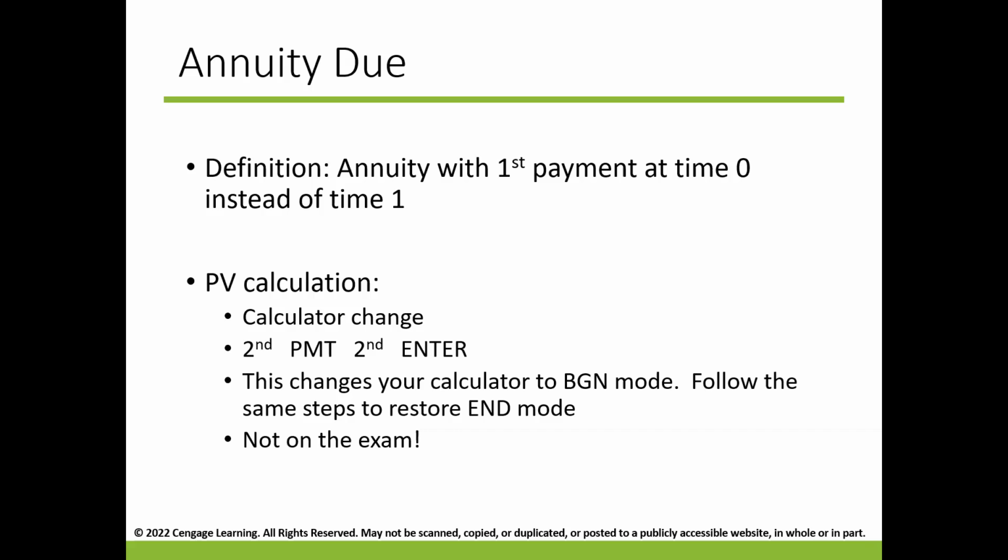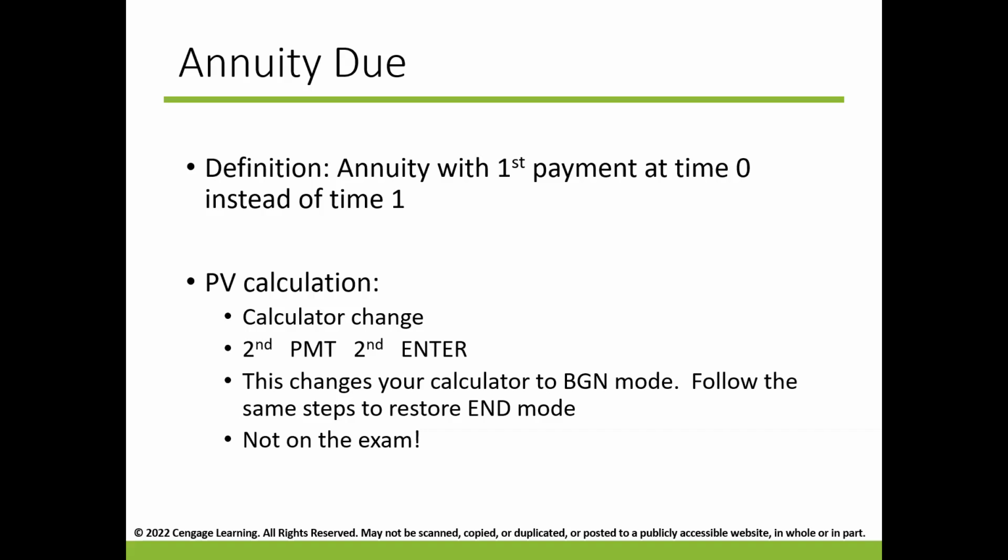Well, the problem is if you do this, just like everything else in the calculator, that beginning mode stays in there. And then if you work a problem and you don't switch it to end mode, then your answers are going to be messed up. And we just don't want that on a test, that your calculator's messed up and it's in beginning mode and all the rest of the questions are in end mode.